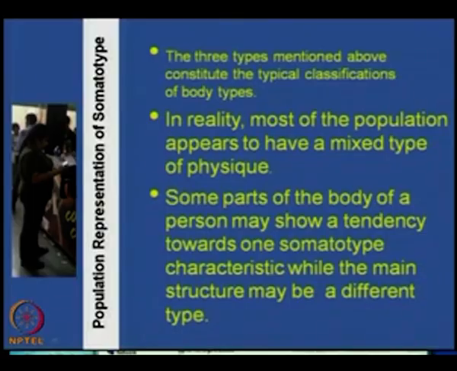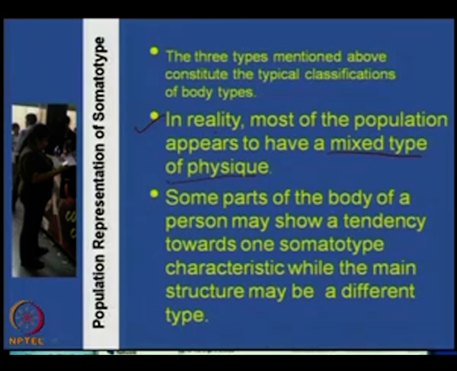Whether in a specific group everybody is very fatty, or lean and thin, or normal, or what would be the distribution normally? The three types mentioned above constitute the typical classifications of body types. In reality, most of the population appears to have a mixed type of physique.